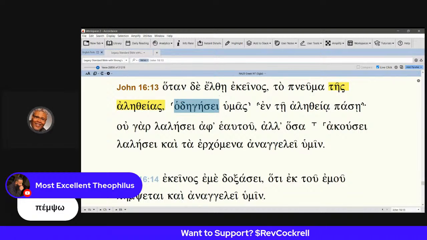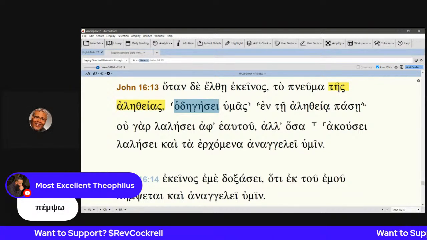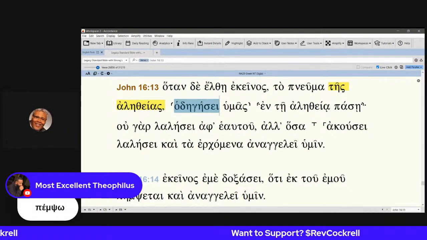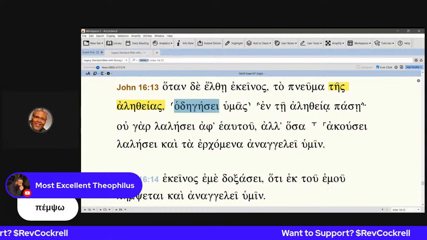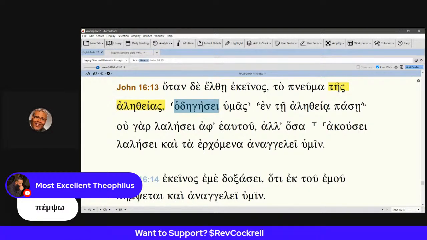And notice, it doesn't tell us what he's going to do to guide you. It just tells us a summation, a summary of the action, one that's going to happen in future time. He is going to guide you. It's not emphasizing the process. It's not telling you how long he's going to lead you or guide you.